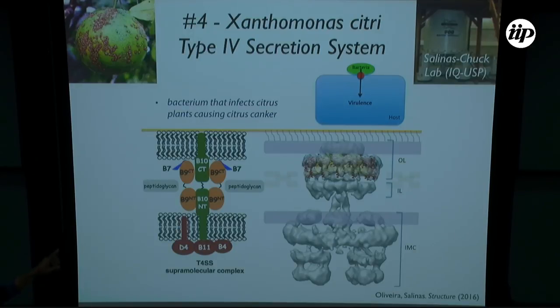We have this shape for the secretion system of this bacteria, and it's similar to Escherichia coli, E. coli. So we can compare both mechanisms. But as you can see, it's a very complex system.